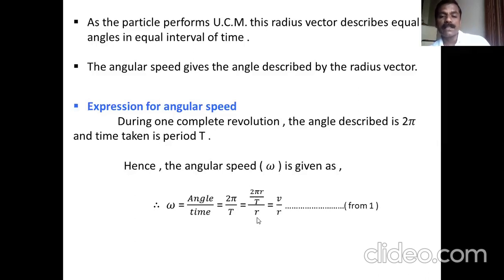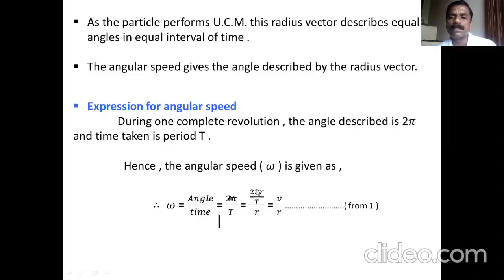So how do we find omega? The angle is 2 pi, the period is capital T, and it can be written as 2 pi r divided by T, divided by r.